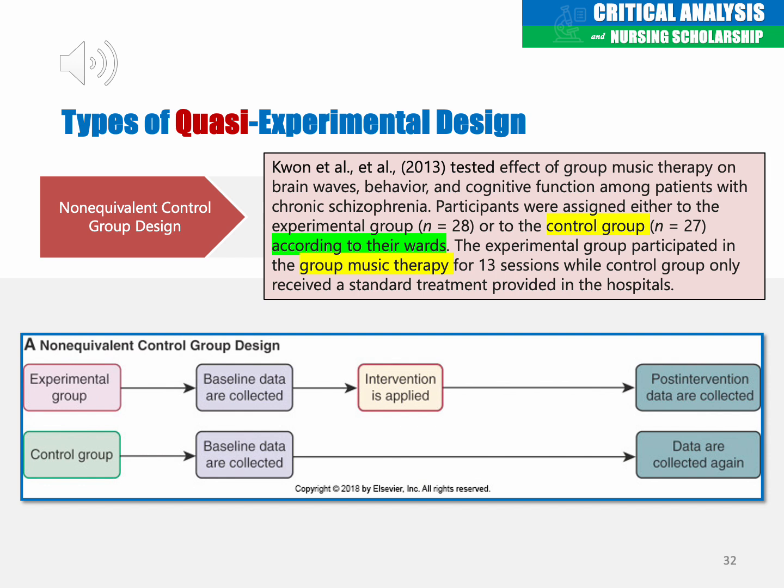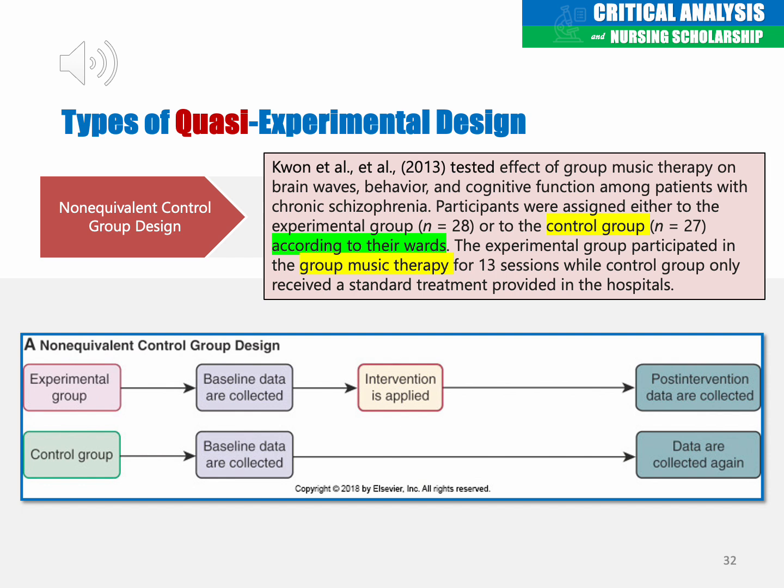Now let's try to examine whether or not the three elements of true experimental research designs are present. First is randomization. As previously mentioned, in quasi-experiments, there is no randomization. In our given example, no randomization has been conducted because the patients were assigned according to their wards.